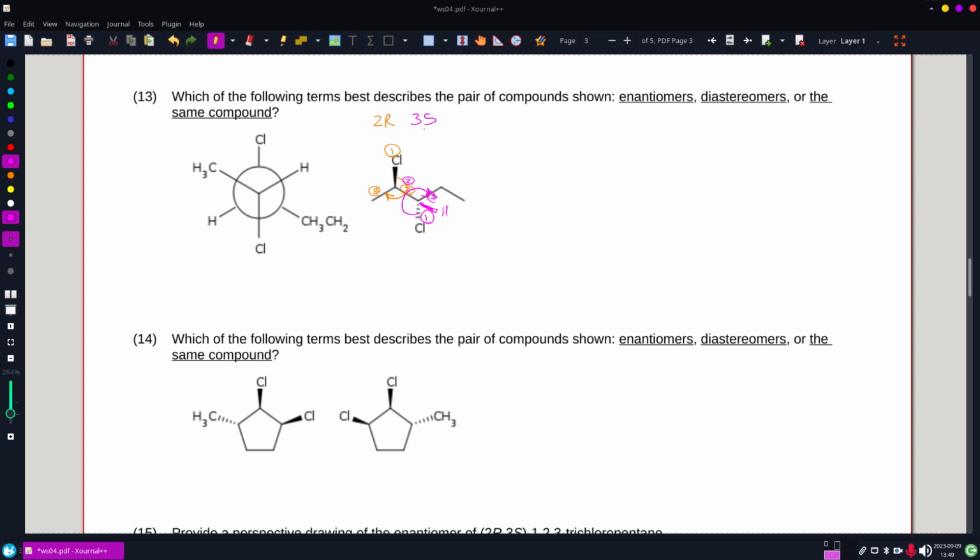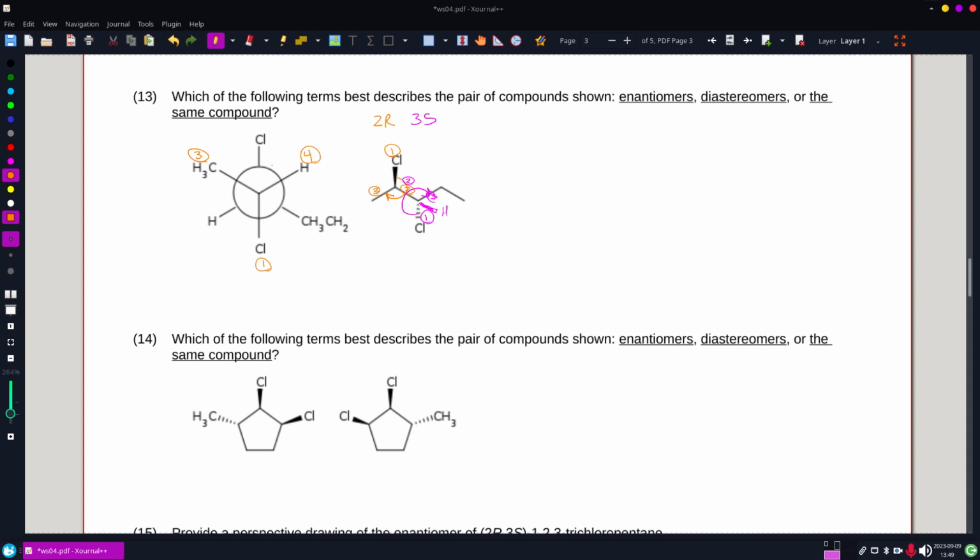We're going to see how that compares to our Newman projection. So I'm going to do the front first, and I'm just going to move my priorities over. All right, now I have a problem here. The 2 position is back here. It's in the back, and I don't want it there.